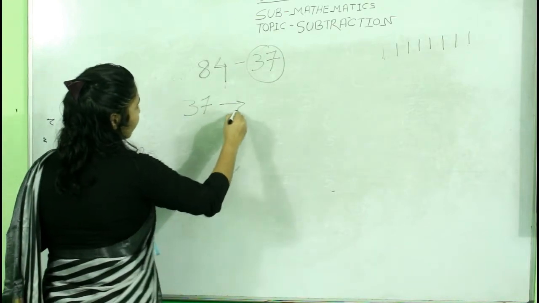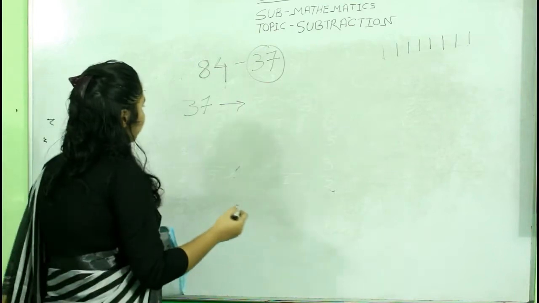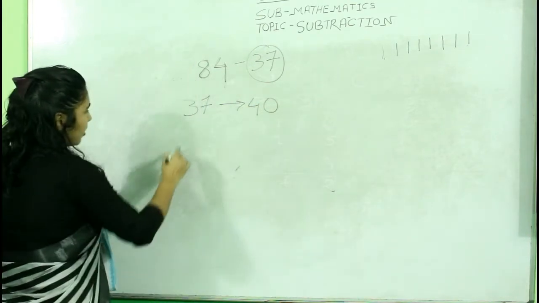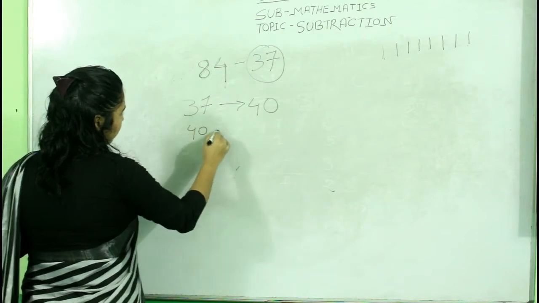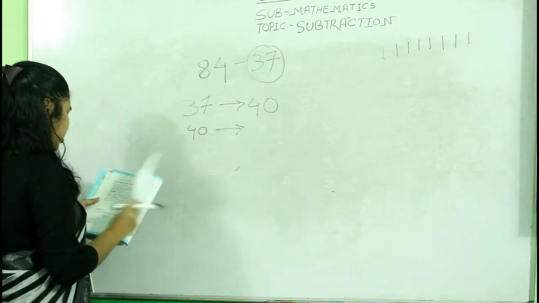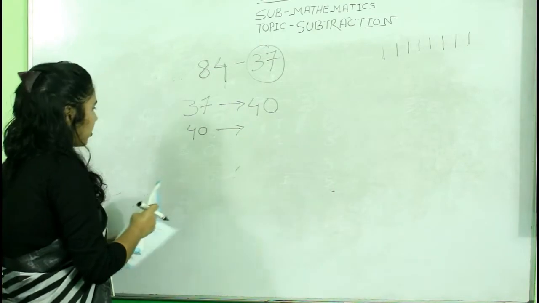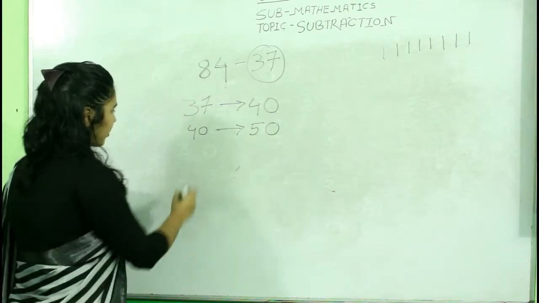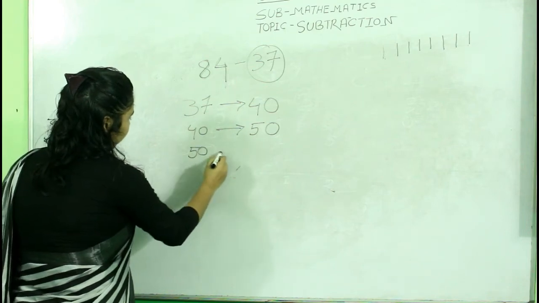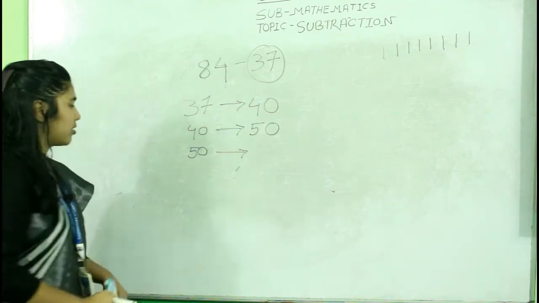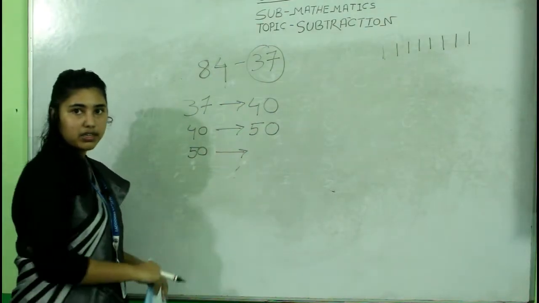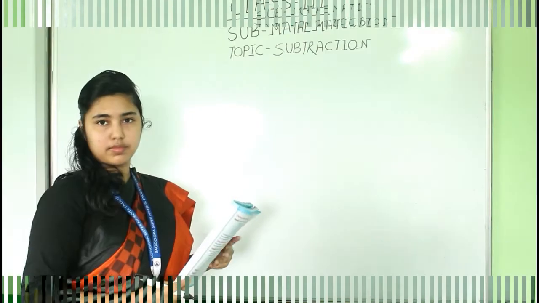So after 37, the first tens digit is 40. Now take 40. Our next tens digit is 50. Now take 50 and after 50 our next tens digit is 60.